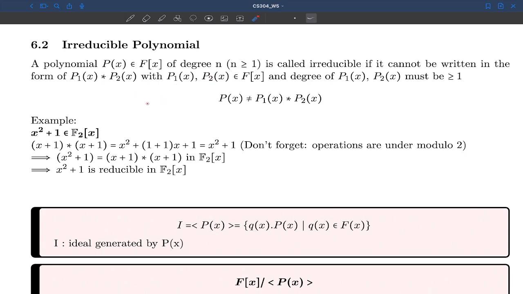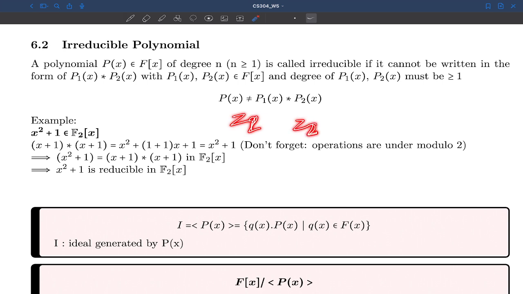So let's take an example on it. Here we have the polynomial x square plus 1, and that belongs to F2[x]. Now what does it mean, writing that 2 in subscript? It means this is a set of all those polynomials whose coefficients are from the F2 field, the field defined over Z2.